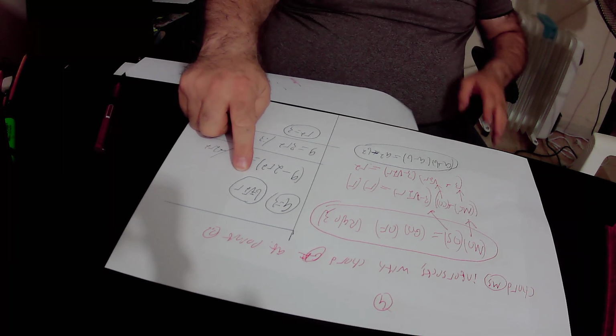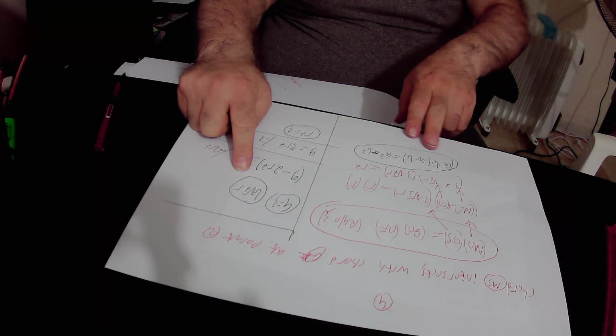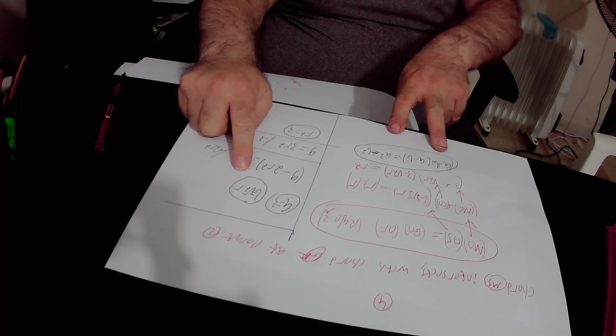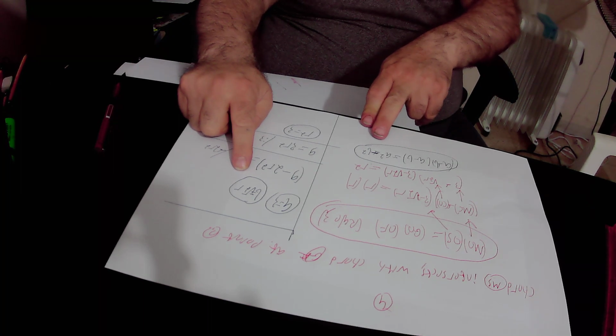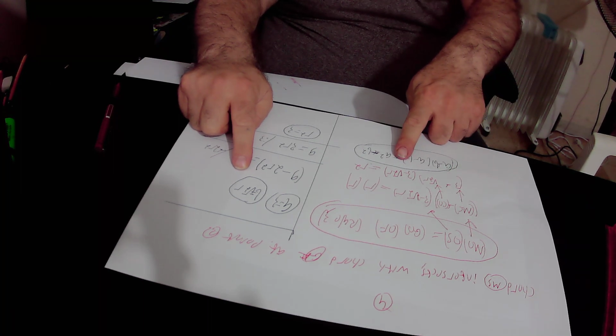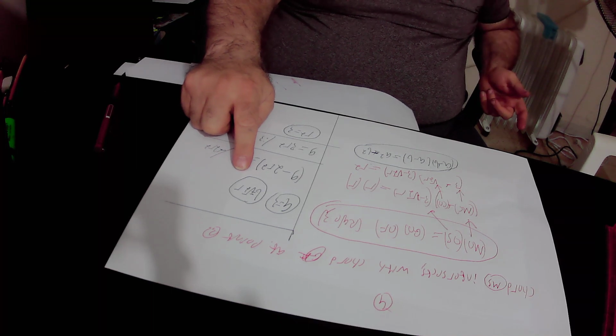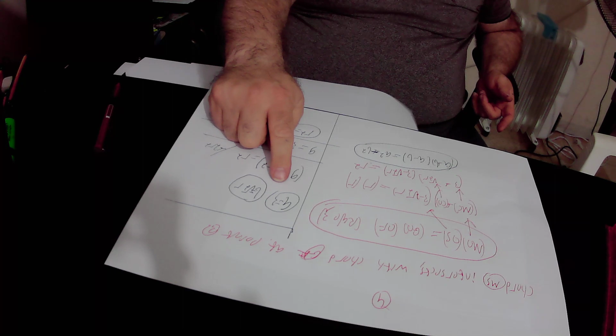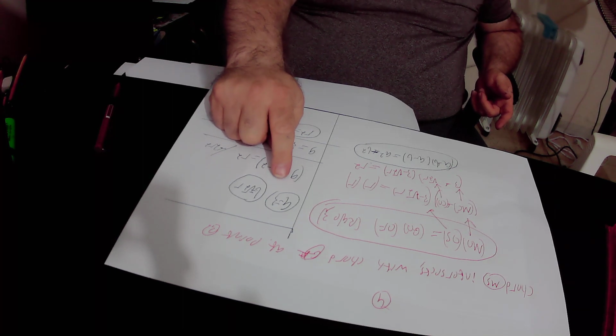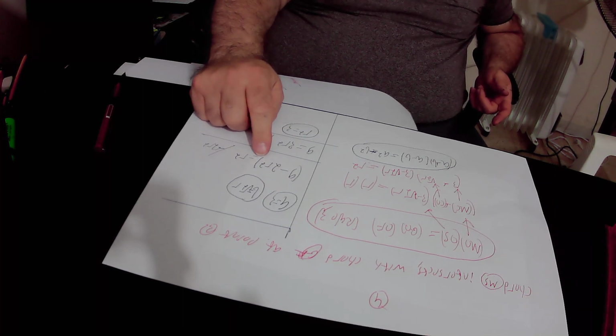According to this identity, (A plus B) times (A minus B) must be equal to A squared minus B squared. That is to say, A squared is 3 squared, because A equals 3, so 9, minus B squared.